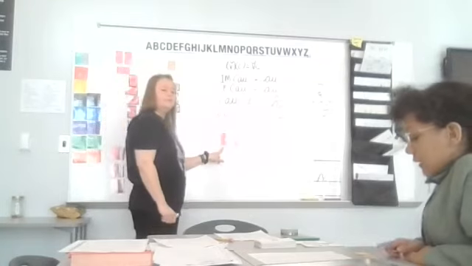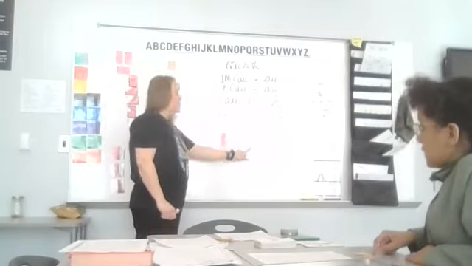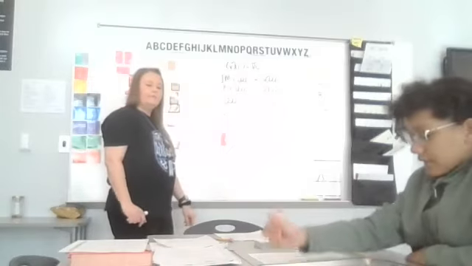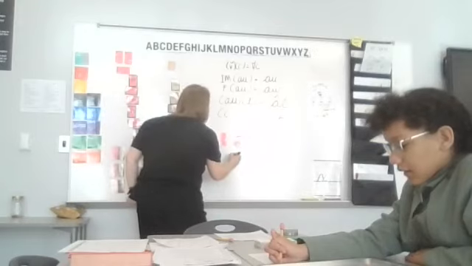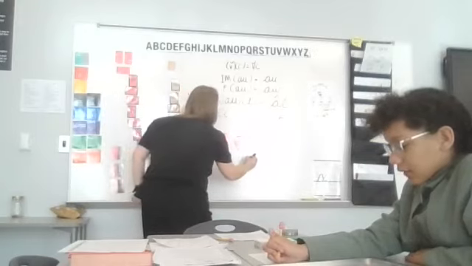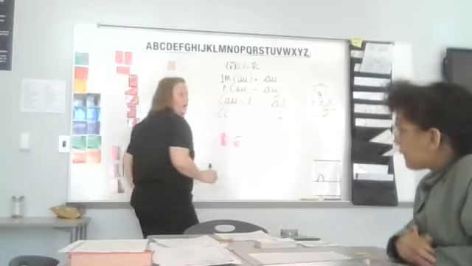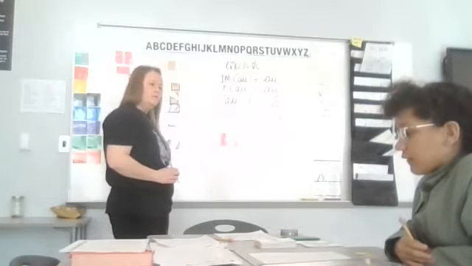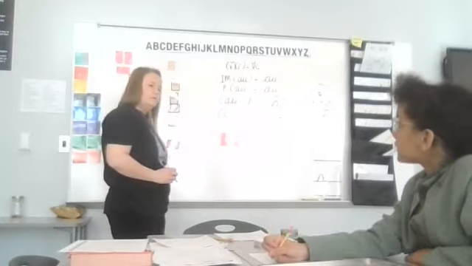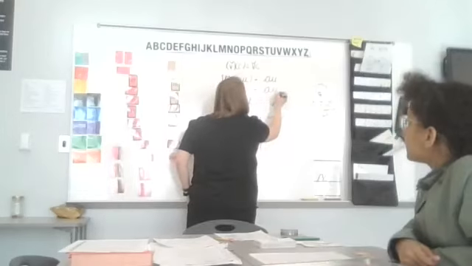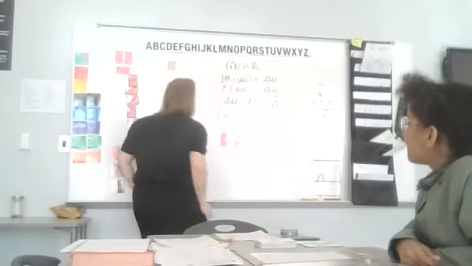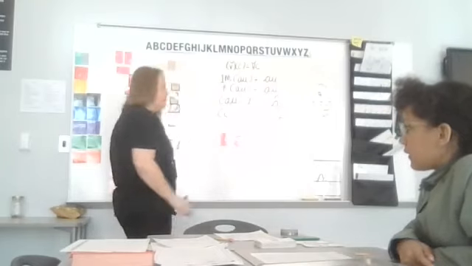L-A-U-D. Write it, name it as you're writing it. L-A-U-D. How do we code this word? Underline, digraph A-U. Good job. What is this word? Laud. All right, go ahead and put it back.